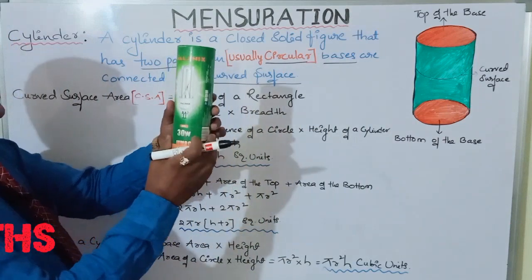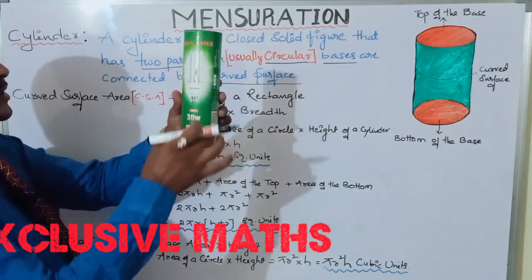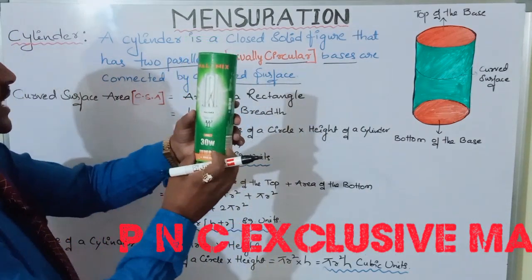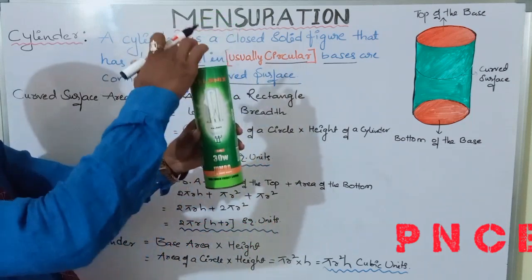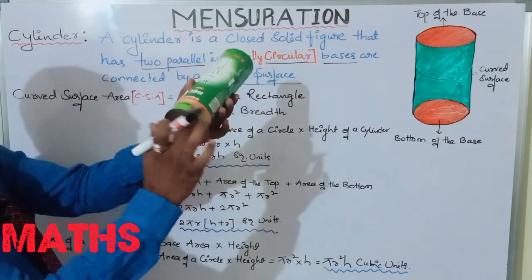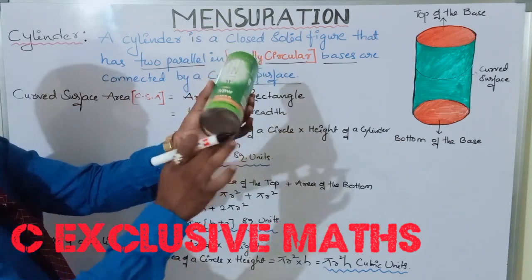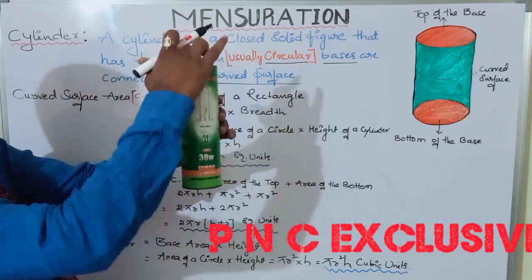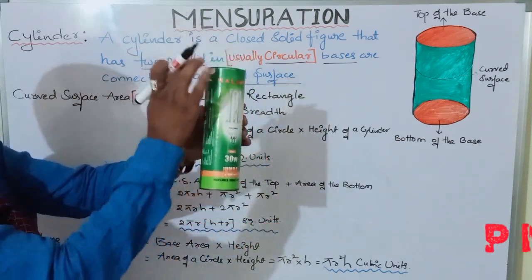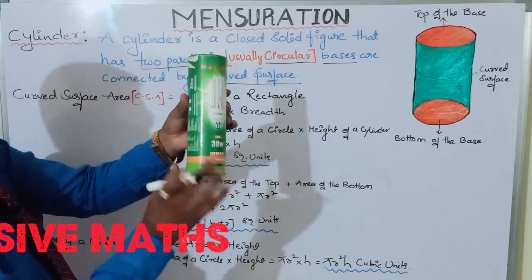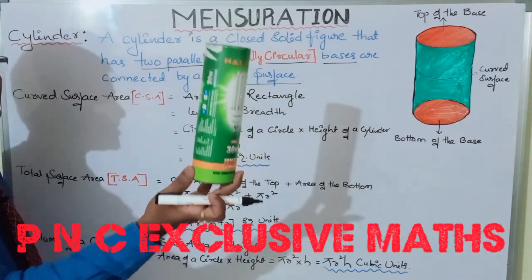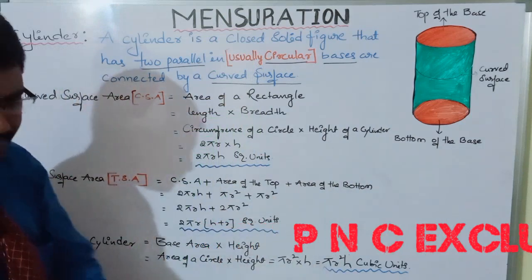This closed solid figure has two parallel circular bases, and these two circular bases are connected by a curved surface. This type of solid is called a cylinder.